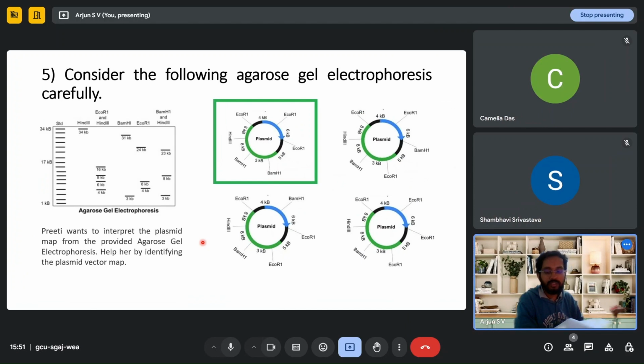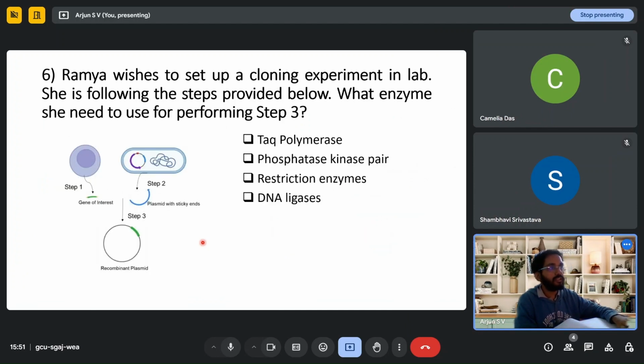Okay then. So I'll move on to the next problem. This is a very straightforward problem. We also discussed this in the recap session. So Ramya wishes to set up a cloning experiment in lab. She is following the steps provided below. What enzyme does she need to use for performing step 3? In step 3, they're taking the gene of interest and trying to form the recombinant plasmid.